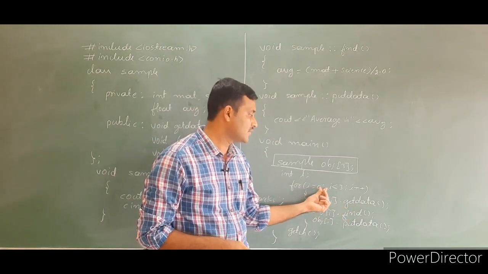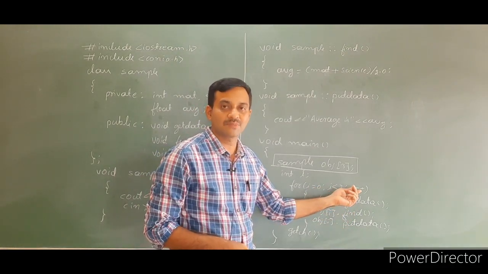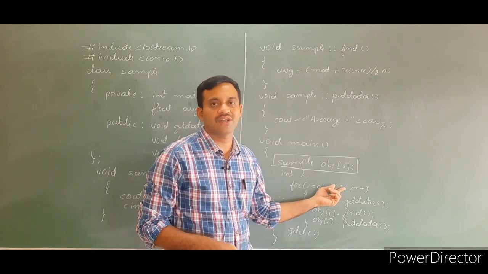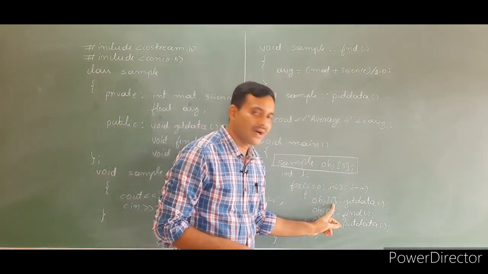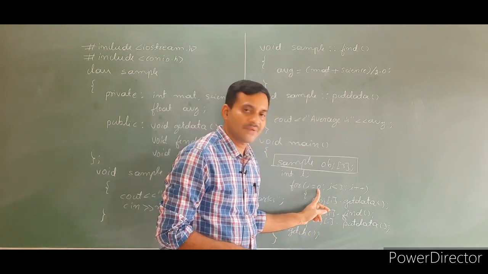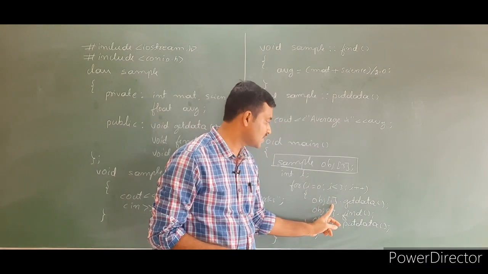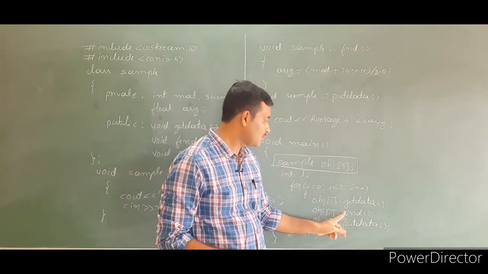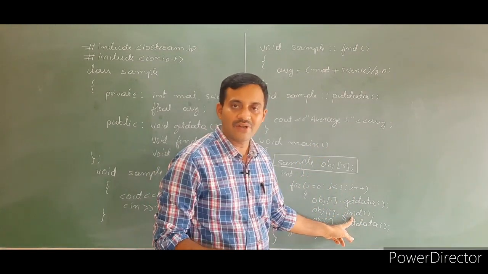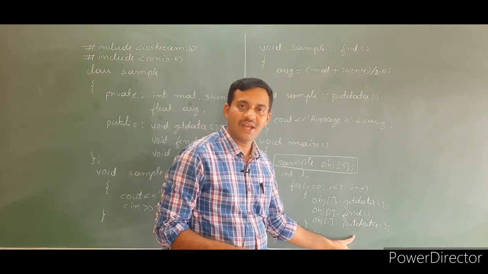Here we use i equals 0, i less than 3, i plus plus. We use 3 because the program is for 3 students. Object of i, initially the i value begins with 0, hence object of 0 dot get data, we read the value for the first student. At the same time we find the average and display the average.